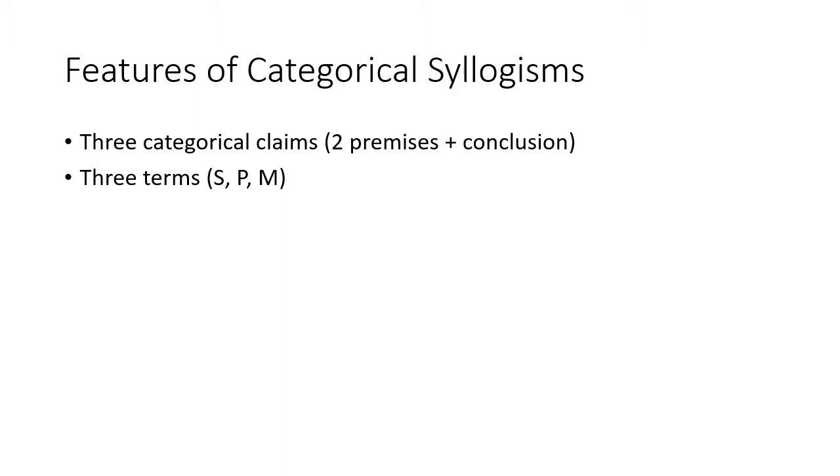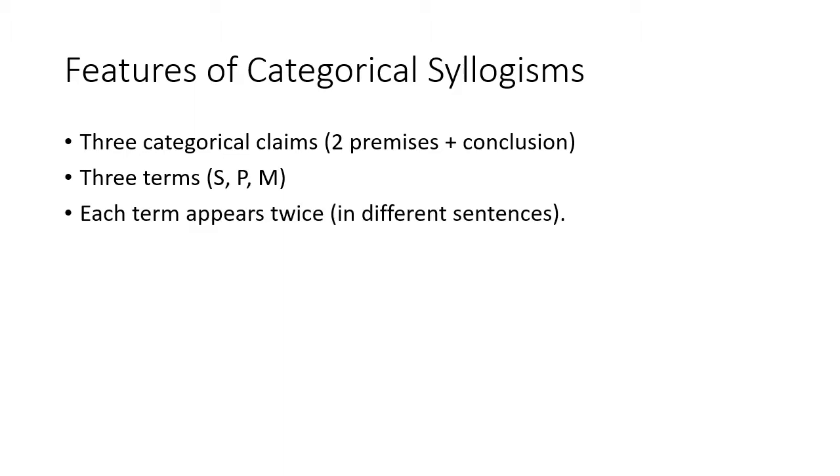And we're going to refer to them by S, P, and M, and I'll talk a little bit about what that means in a second. But just to be clear before going forward, each term is going to appear twice in the argument. So with the cats, reptiles, mammals example, mammals appears twice. It appears in both of the premises.